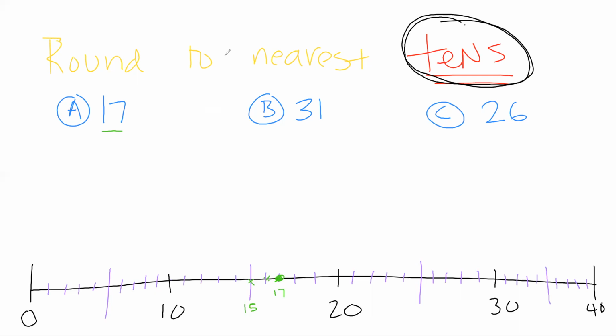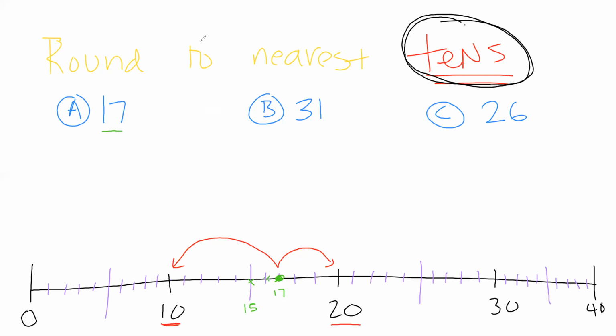Again, we're asking what is the nearest 10. If I was counting by tens, what would be the closer number? Would it be the 20, where I'm going here, or would it be this 10, where I'm going here? When we think about what's closer, we could think about hops, the fewer amount of hops it would take me.